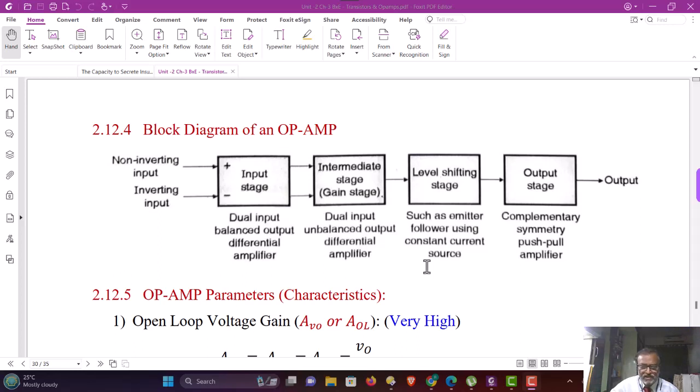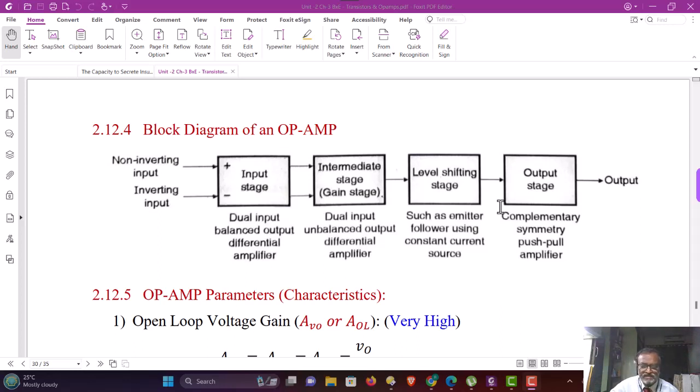Now the output stage. At the output of the level shifting stage, the input differential signal is amplified to a sufficiently high level, and its amplitude, voltage or current, can be amplified. But the power level of the signal may not be sufficient.